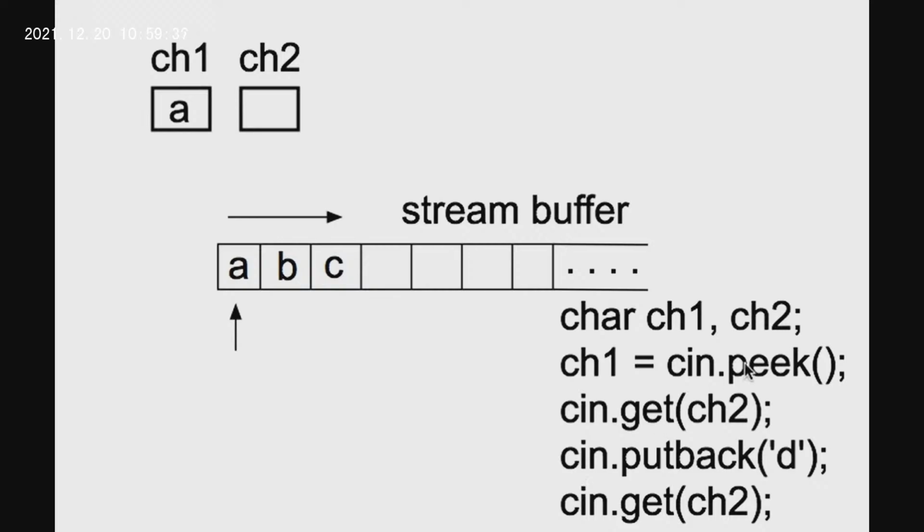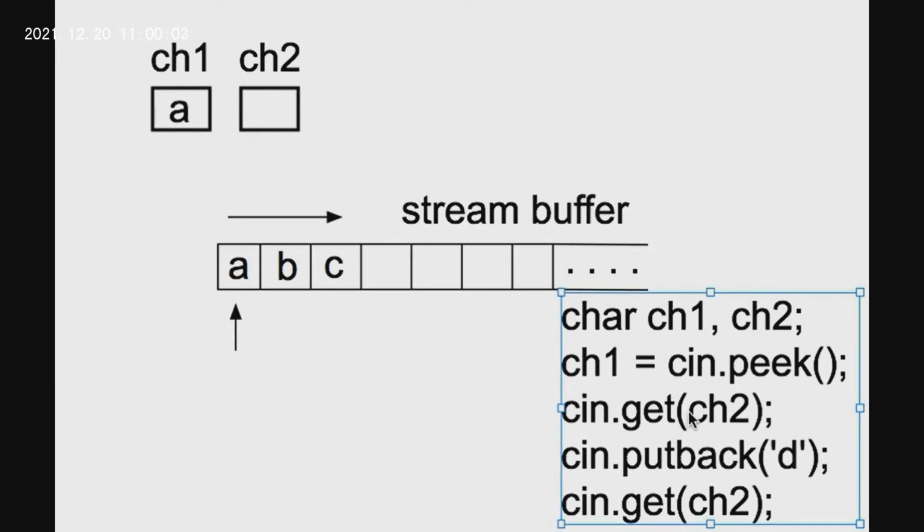So the A went from the buffer up to ch1, but the pointer stayed at A. A was not removed from the buffer, and it will be the next thing to be read. Incidentally, notice that cin.peek uses a different style. With get, we have the character to be read inside of the parentheses.